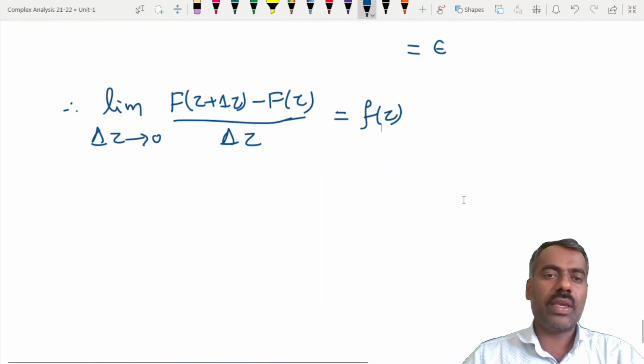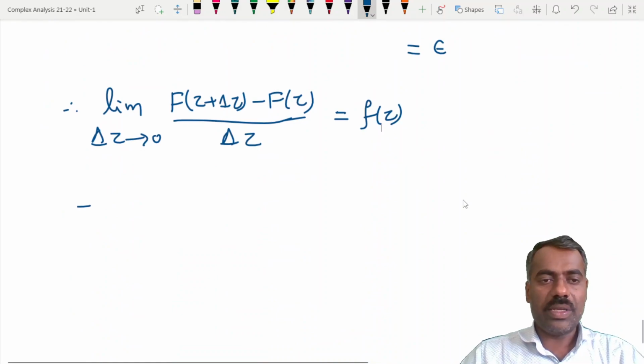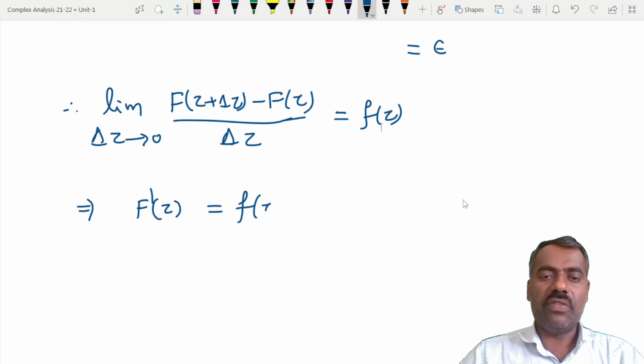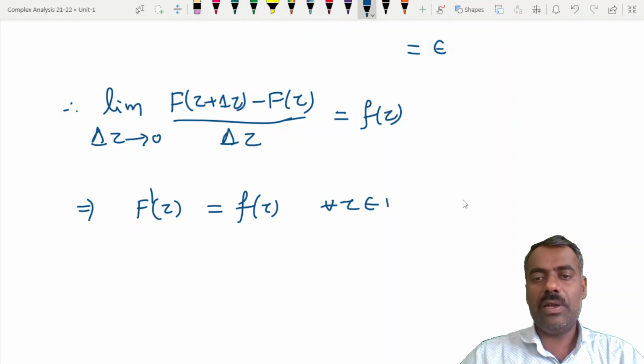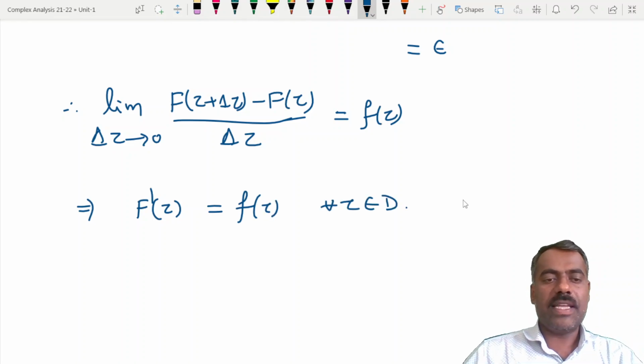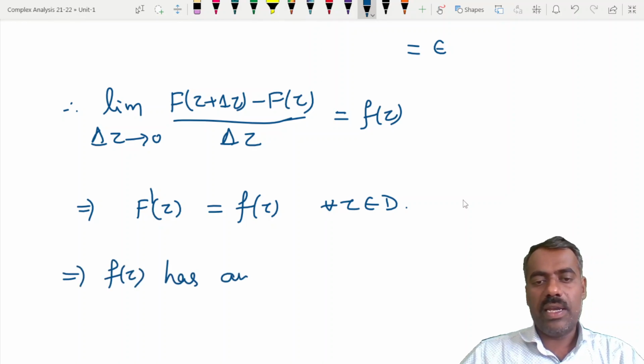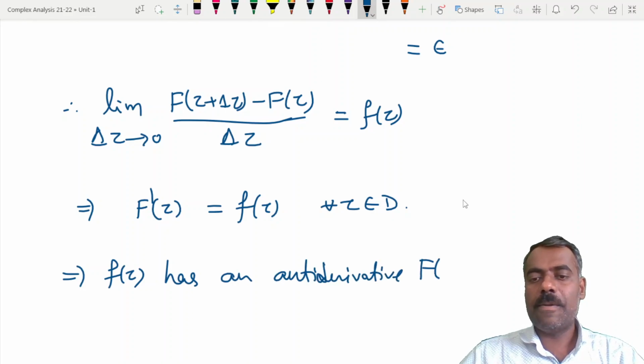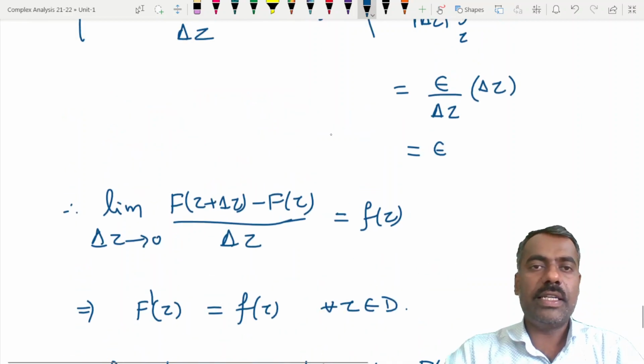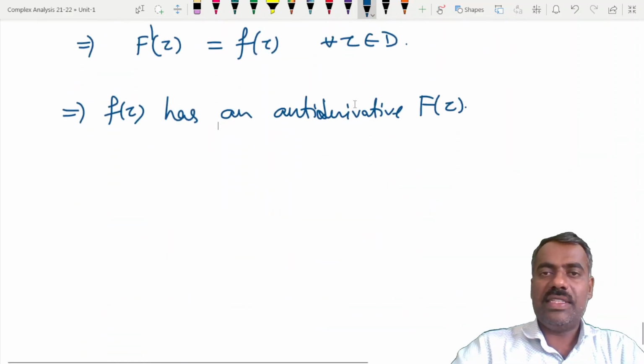That shows that F dash of z is equal to f of z. This is true for all z belonging to the domain. That shows that f of z has an antiderivative capital F. Okay, that completes the proof of this theorem.